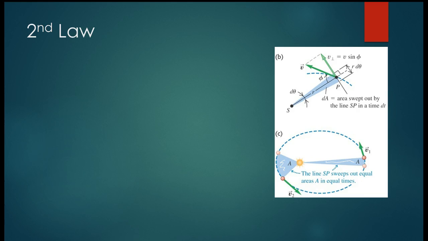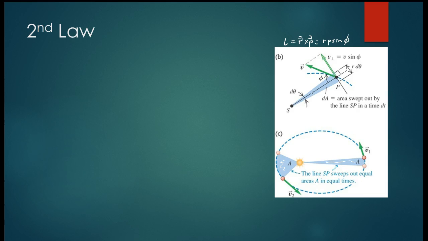Okay, so if we were calculating angular momentum and we needed to do L equals r cross p, right? That would be equal to r p sine of that angle phi. Okay? We also have on this diagram a small angle d theta that the planet travels through in a small period of time, dt. And so it's going to sweep out an area dA.